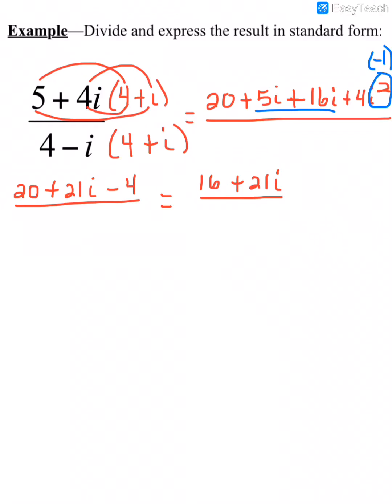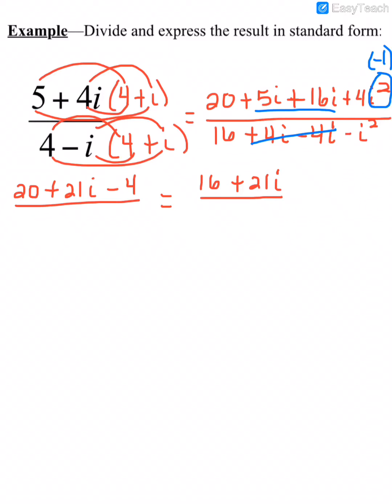These complex conjugates, I'm going to multiply these times each other. 4 times 4, that's 16. And the outer two, that would be a positive 4i. The inner two would give me negative 4i. And the last two, that would be a negative i squared. Well, just like I said, in any complex conjugates, the two middle terms are going to cancel out.